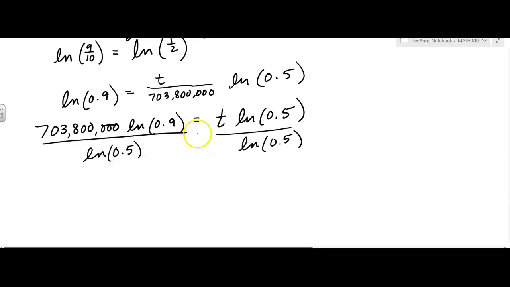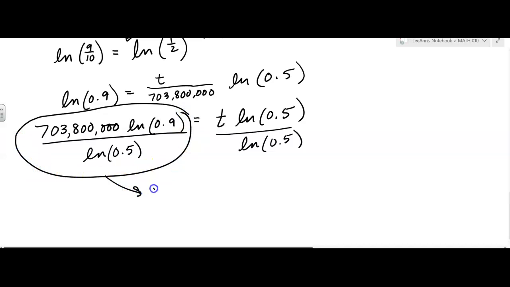Okay, so we need to put all of this in our calculator. We're not going to do that by hand. So be careful with the parentheses. I'll talk you through it. So what I'm going to do is put 703.8000000 times, and then I'm going to go natural log.